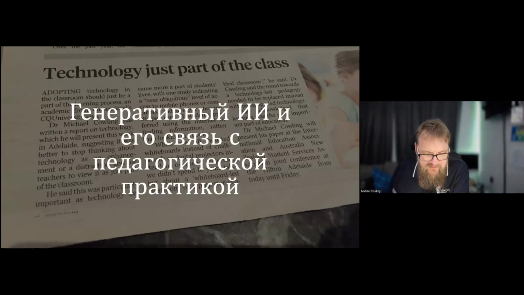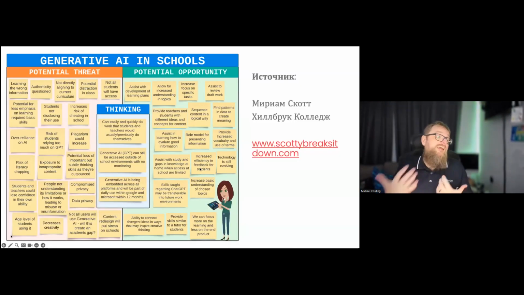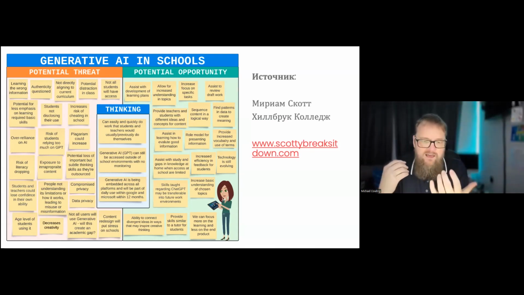Because ultimately there's lots of other things that we might want to think about in regards to generative AI and how it's used in our classroom. And there's things I haven't even touched on, things like equity. What happens if a student doesn't have access to this tool, right?